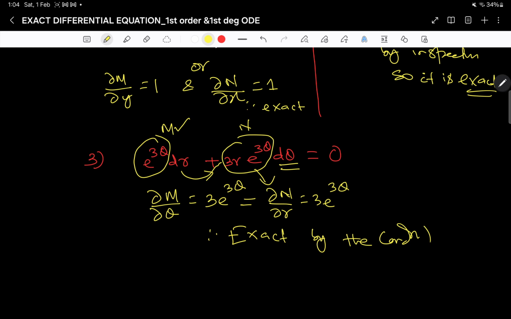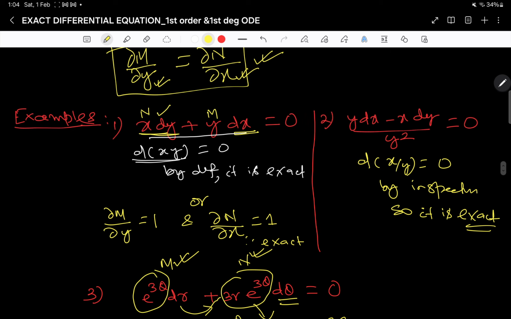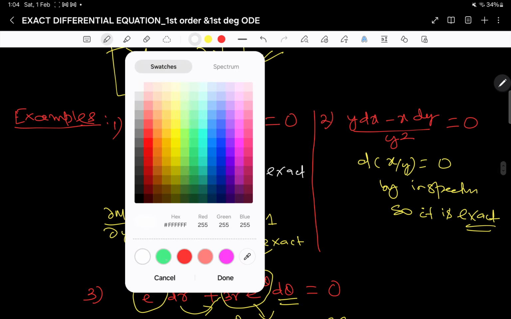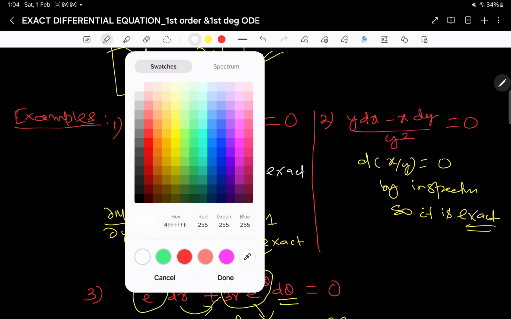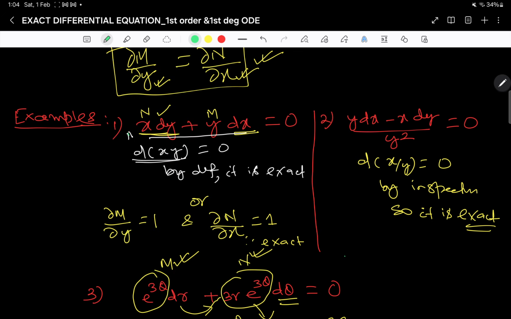Choosing M and N depends upon us. Here also we can choose M and N differently. If I choose this as M and this as N, then that is also fine.